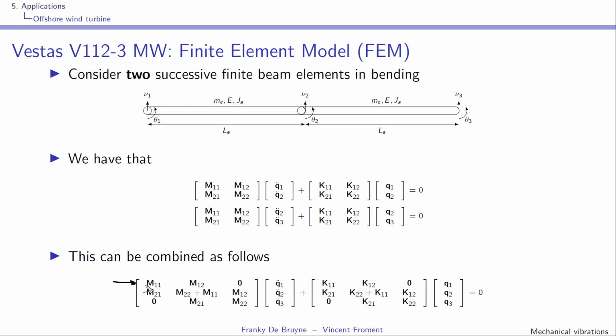First line over here, first line over here. I say line, but this is also a matrix differential equation, right? So this was this line over here. The last one, it's kind of easy to see where it appears. It appears over here, M21 Q2 double dot plus M22 Q3 double dot.